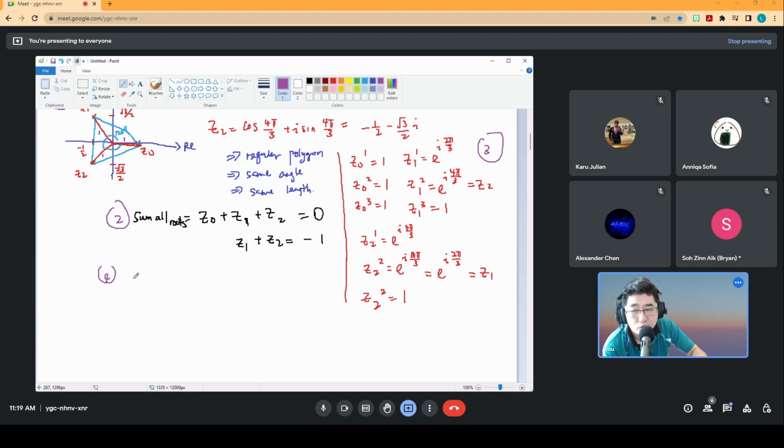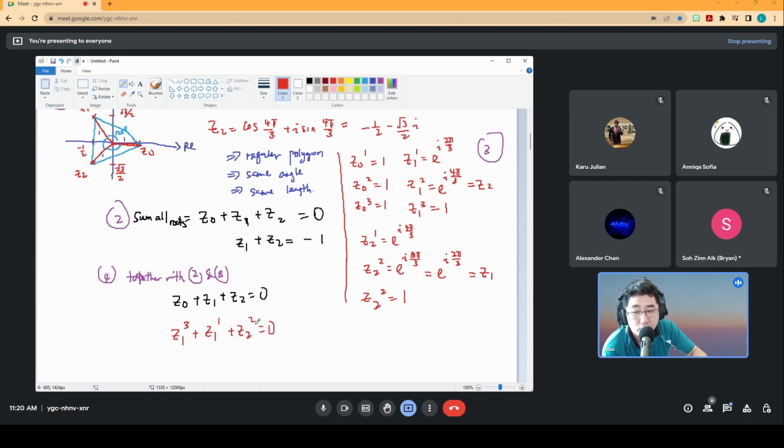Number 4. Together with the second observation and third observation. The second observation tells us that Z0 plus Z1 plus Z2 equals 0. Now Z0 is 1, so I can also write this in the form of Z1 power 3, Z1 power 1, and Z2, which is Z1 power 2, equals 0, right?